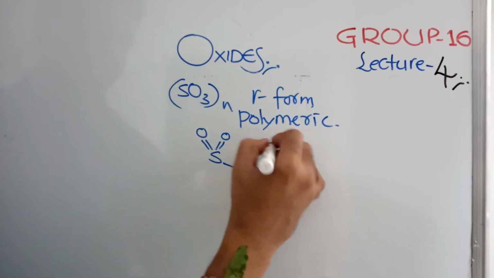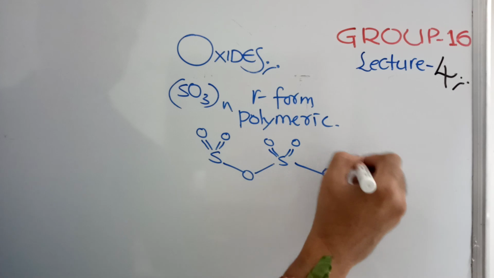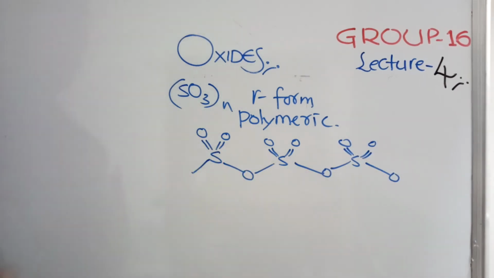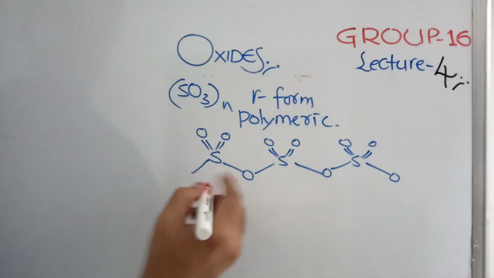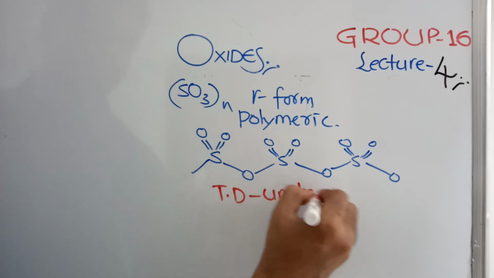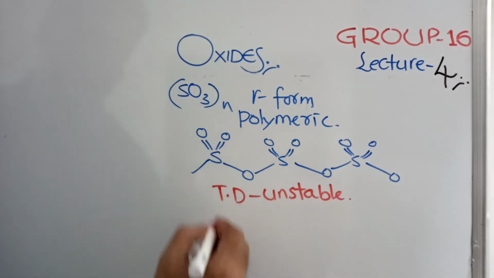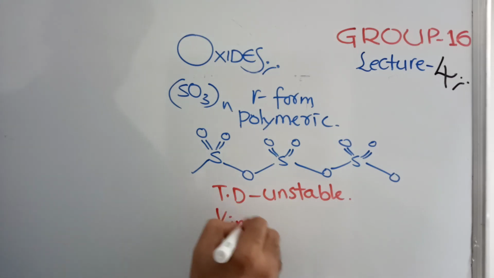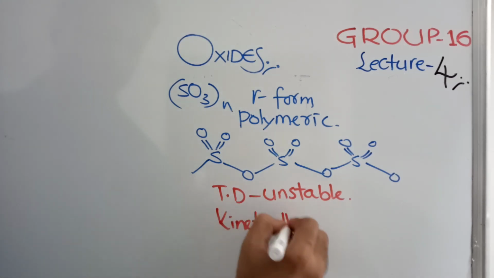S double bond O, oxygen. S double bond O, oxygen. Like this you have to increase. It is the polymeric form. It will be continued, and these cases are reverse. This is thermodynamically unstable. The previous one was thermodynamically stable and kinetically labile, but this is kinetically inert.